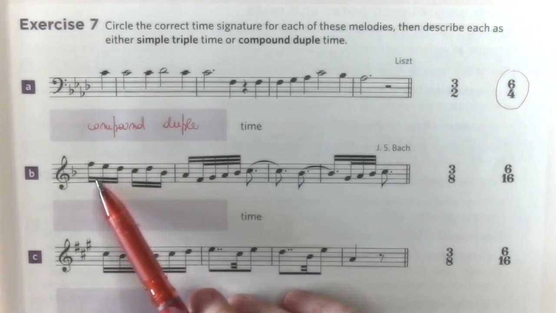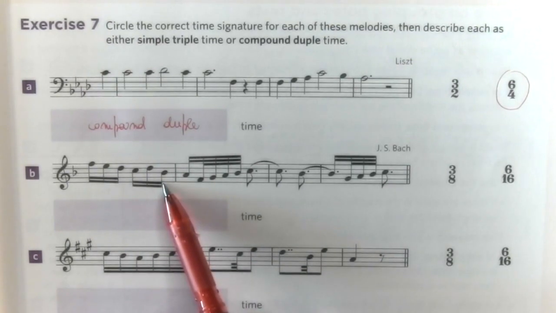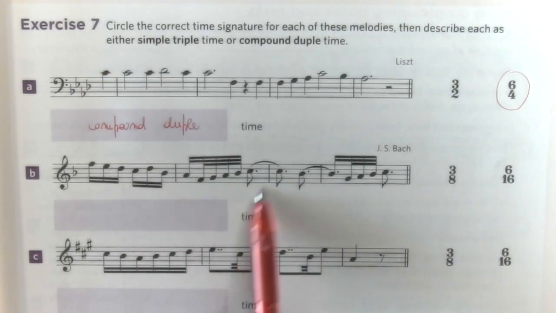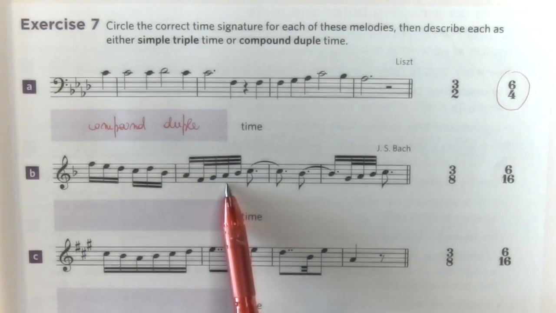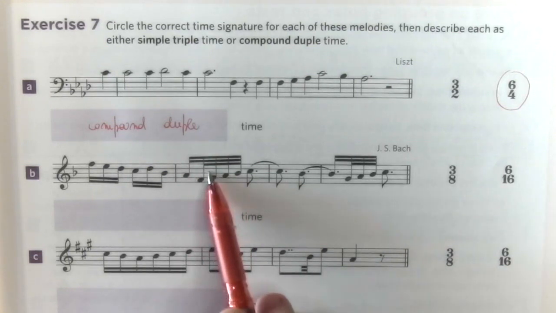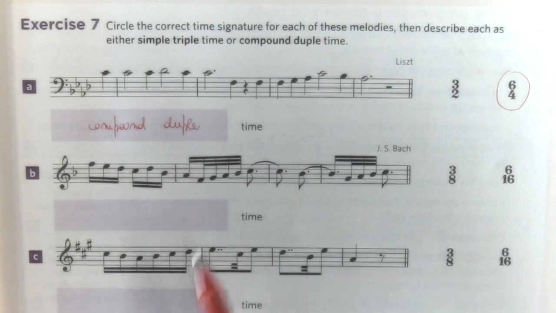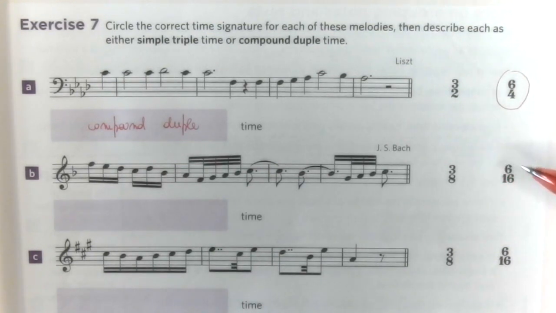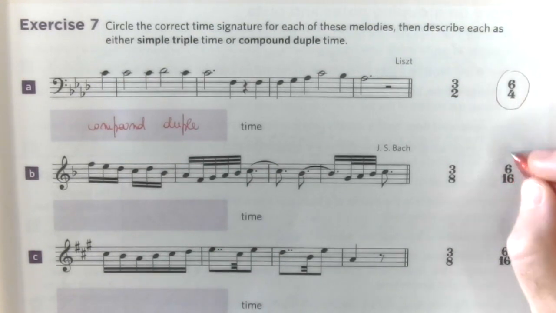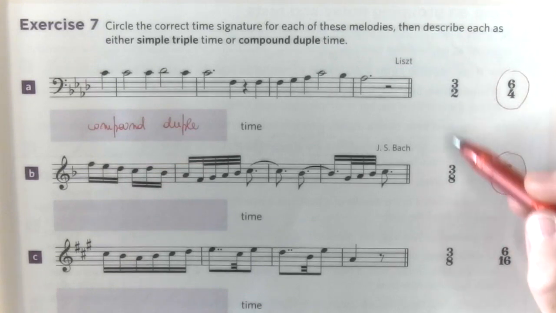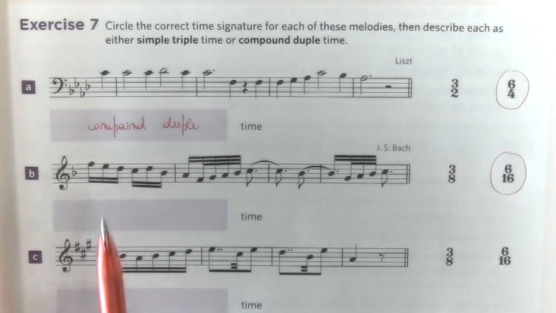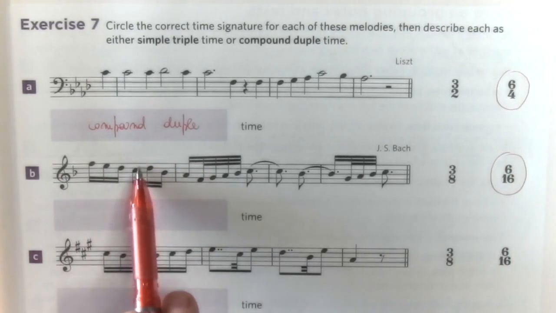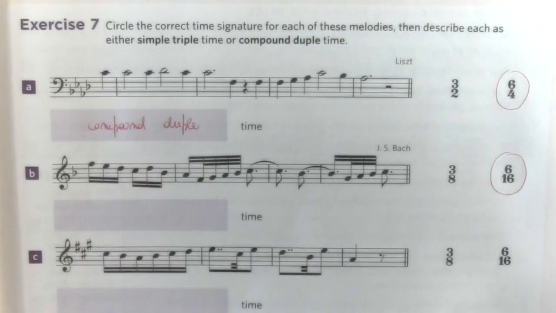Next one. 1, 2, 3, 1, 2, 3, another compound time. 1, 2, 3, 1, 2, 3. I don't even want to look at this, it's too complicated. I'm joking. 1, 2, 3, 1, 2, 3. So it is 6/16. It can't be 3/8 for the same reason. 3/8 will be 1, 2 and 3. 3 quavers.